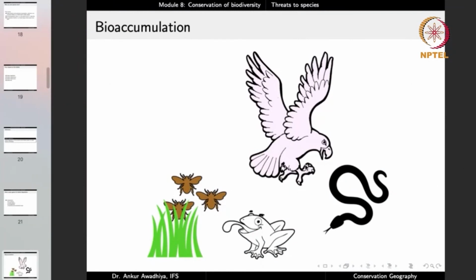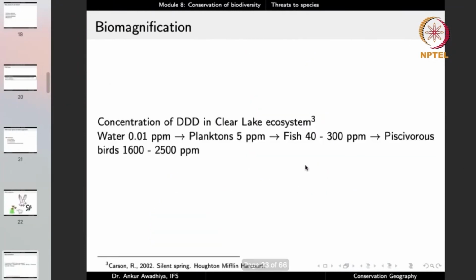There was a book published by the name of Silent Spring, because it turned out that when DDT was sprayed into several habitats, say for the control of mosquitoes, so many birds died that in the spring season it became very difficult to hear the chirping of birds. So that is habitat degradation that occurs because of contamination.